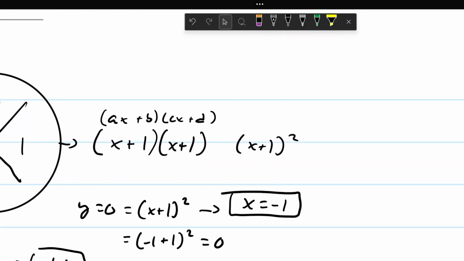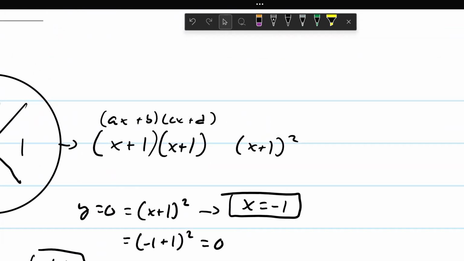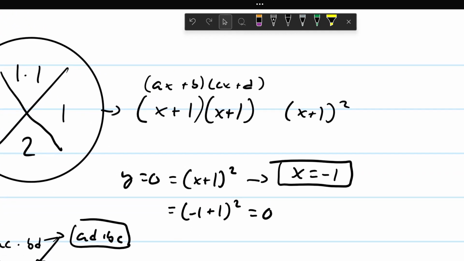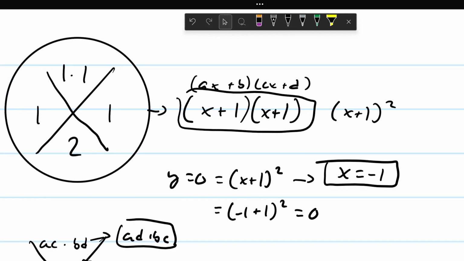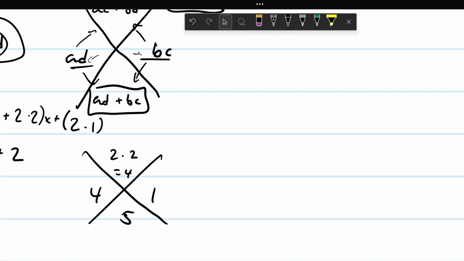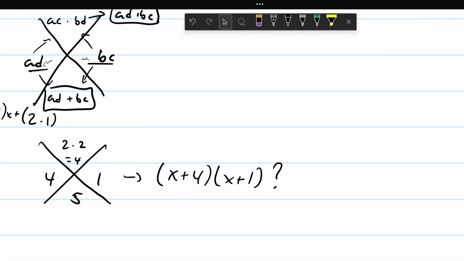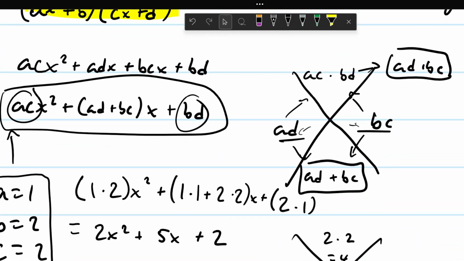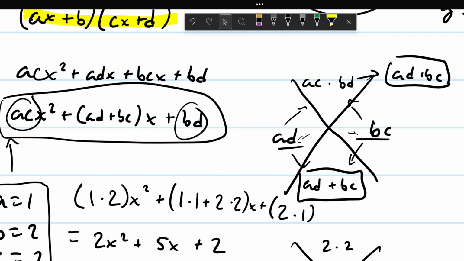But by this logic, up here, we just plugged in and called it x plus 1, and x plus 1. So does that mean that this should be x plus 4, x plus 1? It is not. In fact, remember, it is AD and BC.